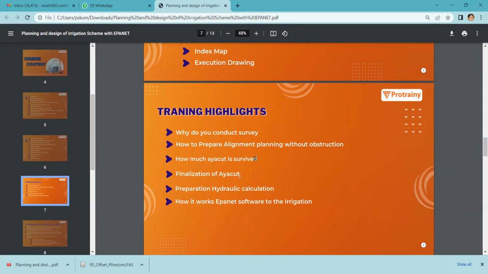Removing the obstructions to finalize the amount of I cut is called finalization of I cut. Then preparation of hydraulic calculation. Hydraulic calculation with time considerations to design the discharge, time, pressure, velocity. These are the most important particulars.